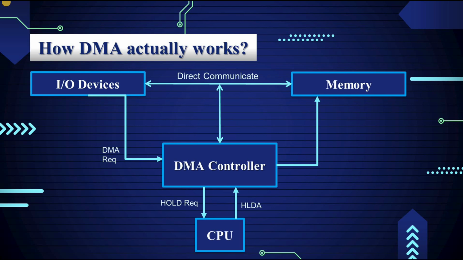The DMA controller then takes control of the system bus and requests access to the memory subsystem. If the CPU is not currently using the system bus at that time, it will allow the DMA controller to transfer the data directly between the input-output device and memory without any involvement from the CPU.